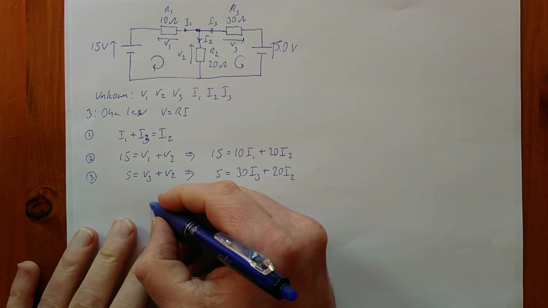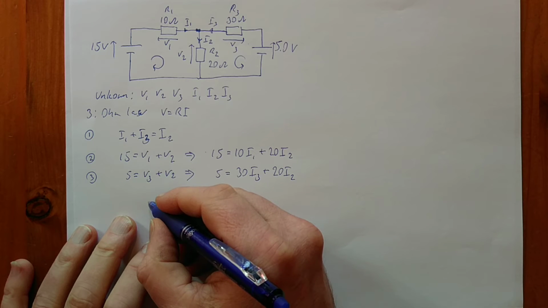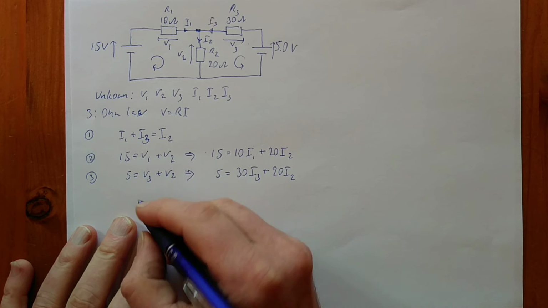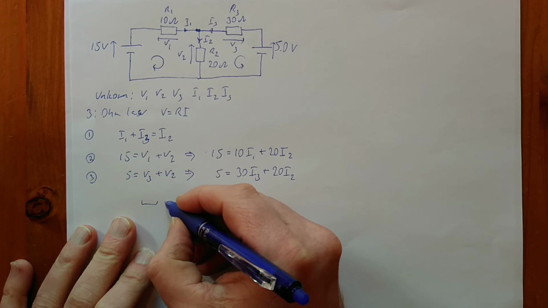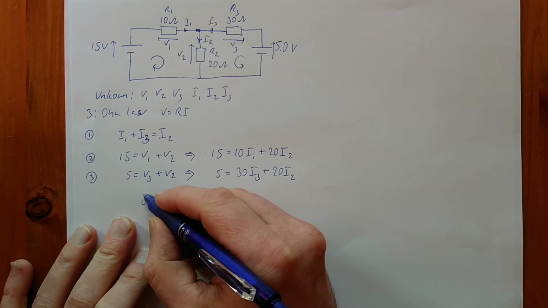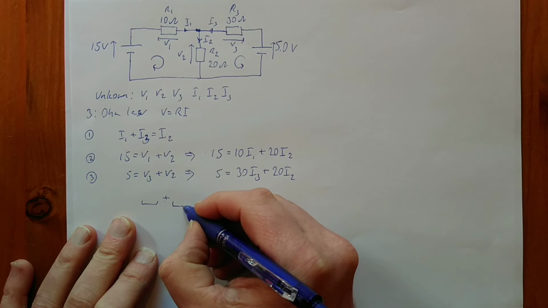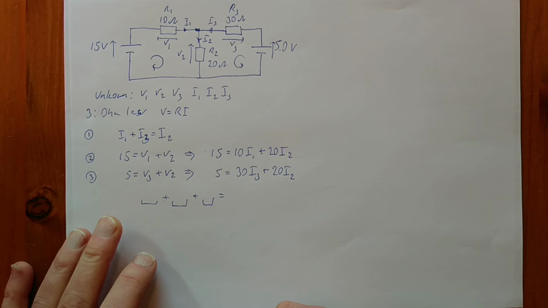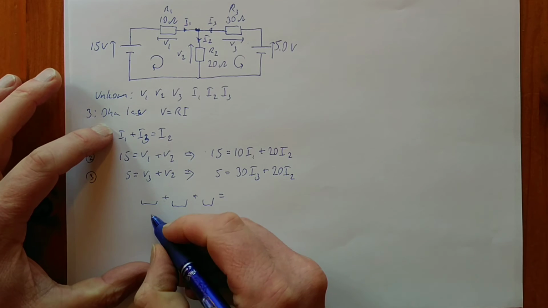The form we will want is our constant times our variable, plus constant times variable and so on, equals a constant in the end.